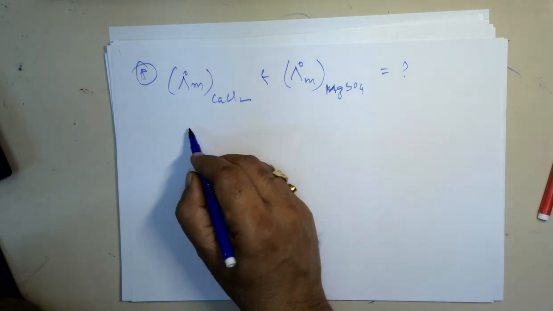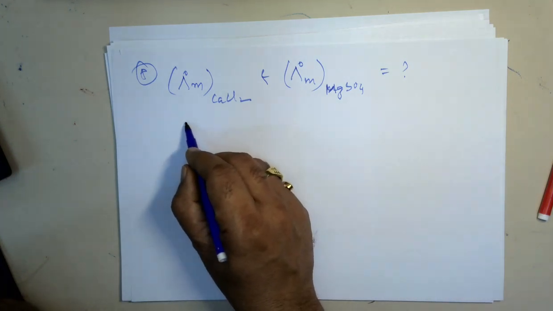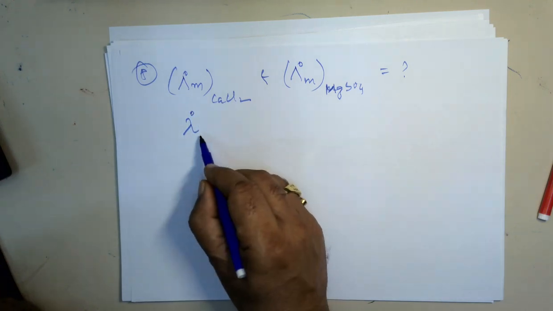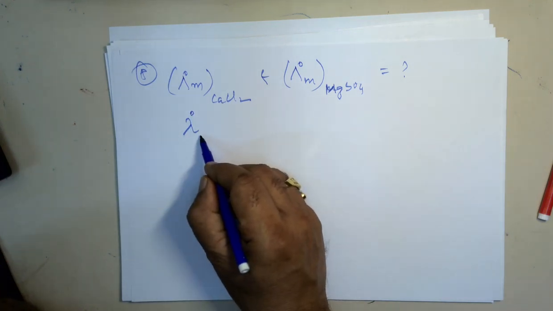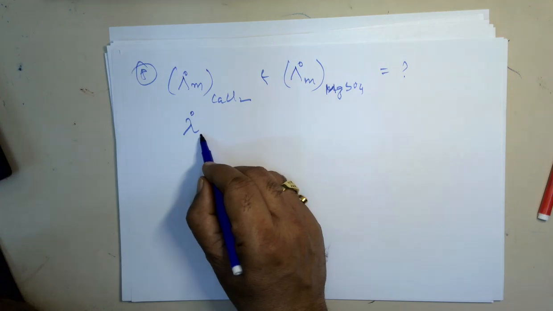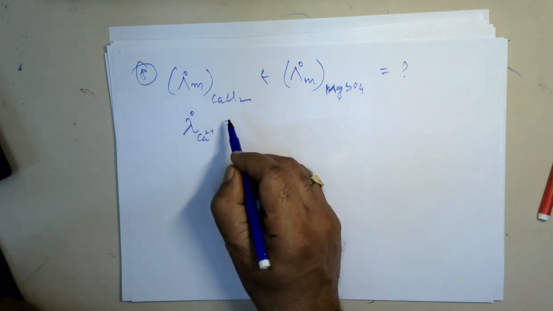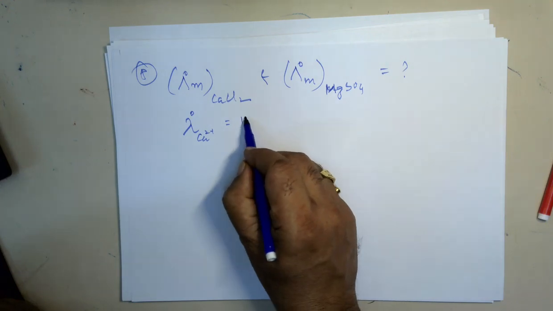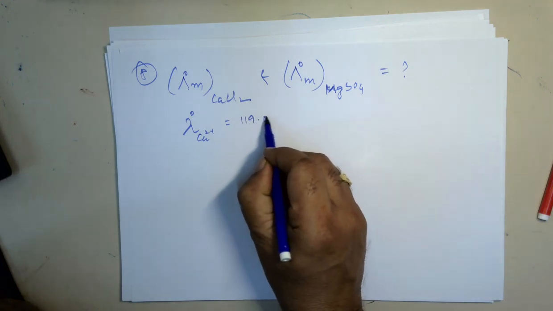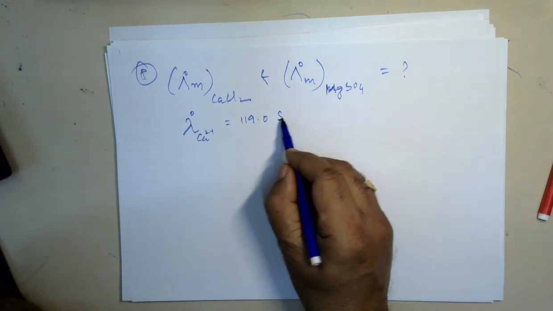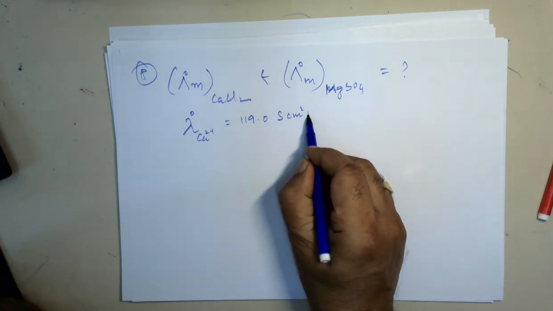They are given the limiting ionic conductivity values at infinite dilution. For calcium, the value is 119.0 Siemens centimeter square per mole.